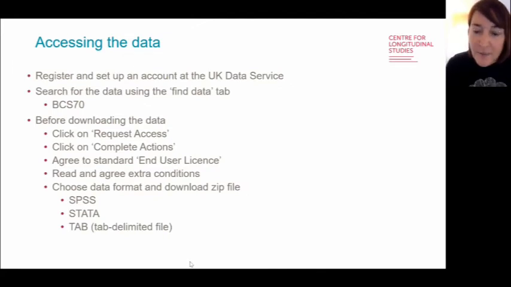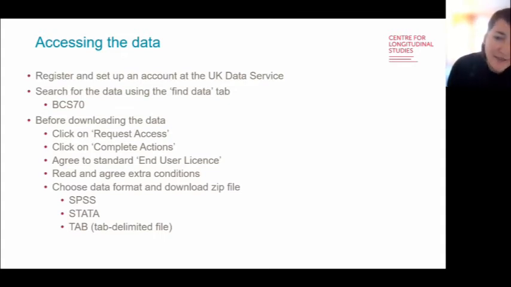So just to summarise the way to access the data, you first need to register and set up an account at the UK Data Service. Again, it's straightforward for those doing third sector, university or non-profit work, and you're just asked to agree that your work is not going to have any commercial benefit. You can search for the data using the Find the Data tab, and then before downloading the data, you would need to click on Request Access and then Complete Actions.